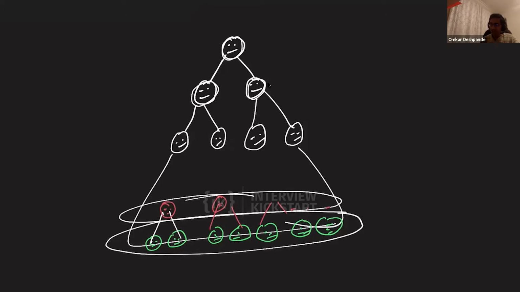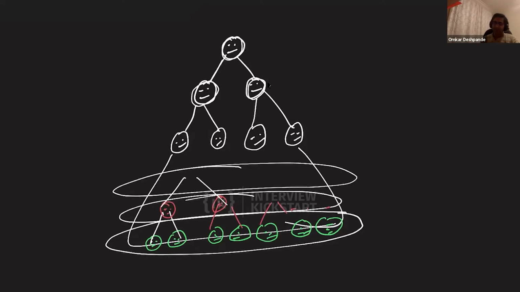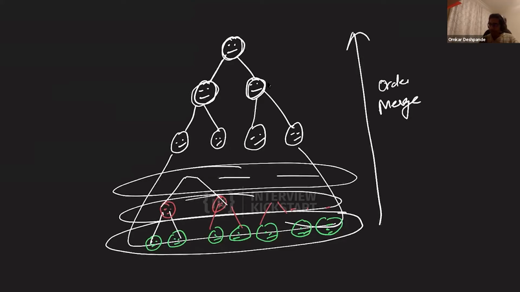Once they are done, their next level managers will take their subarrays, merge them together, and so on. So the merge work is happening in a bottom up way. The bottommost level of the tree is where the work starts, and the topmost level is where it ends.